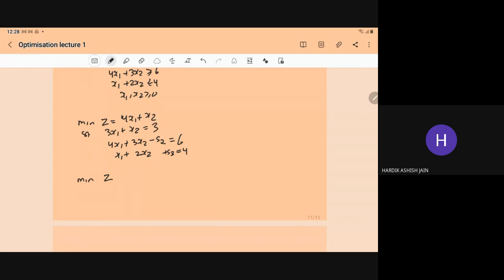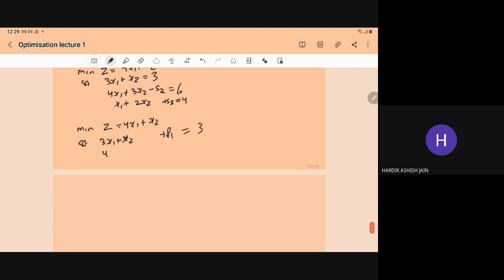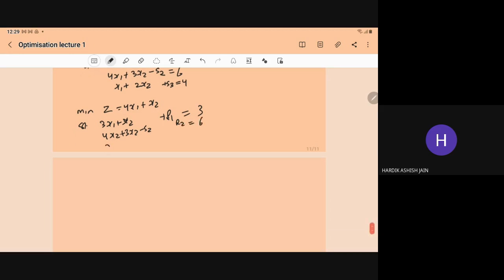So we add an artificial variable in the first constraint: 3x1 plus x2 plus r1 equals 3. In the second constraint, 4x1 plus 3x2 minus s2 plus r2 equals 6, and x1 plus 2x2 plus s3 equals 4.